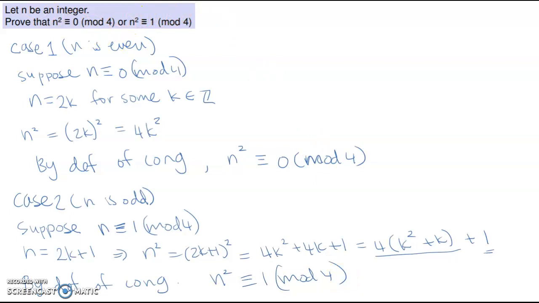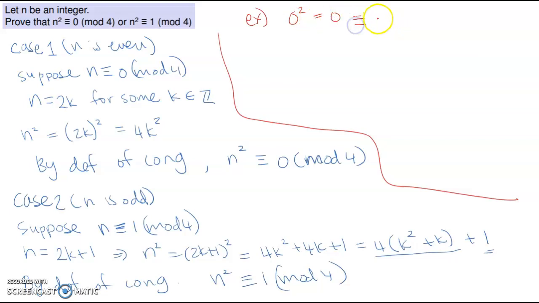And we can check also by cases. So this is the formal proof. And let's go over some examples to see if this is true. If we have 0 squared, this is going to be 0, which is congruent to 0 mod 4. If we have 1 squared, this is 1, which is congruent to 1 mod 4.